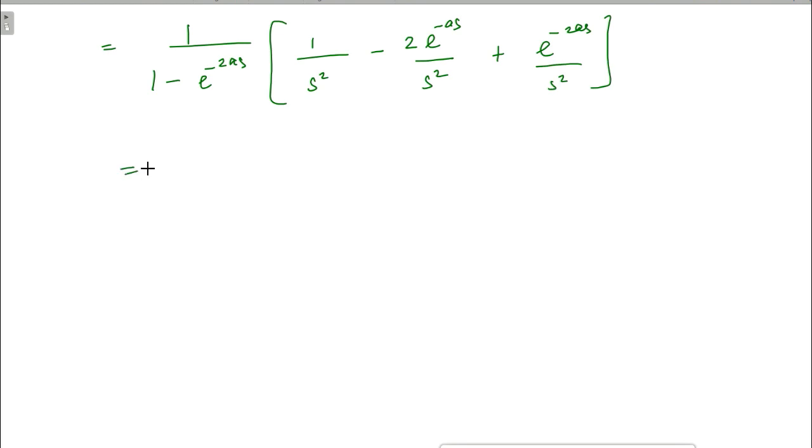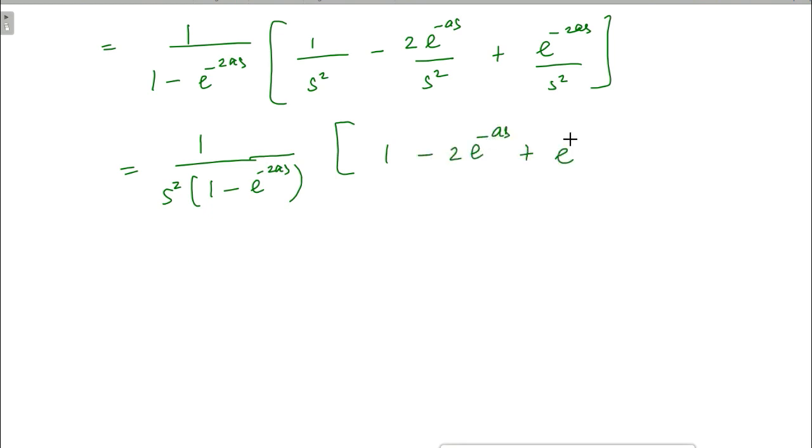So you will take 1 by s square as a common term. After taking s square as a common term, you may get 1 minus 2 e power minus as plus e power minus 2as.